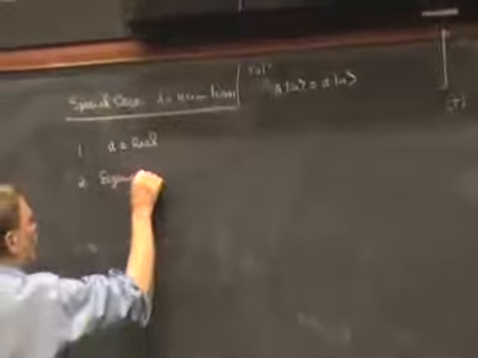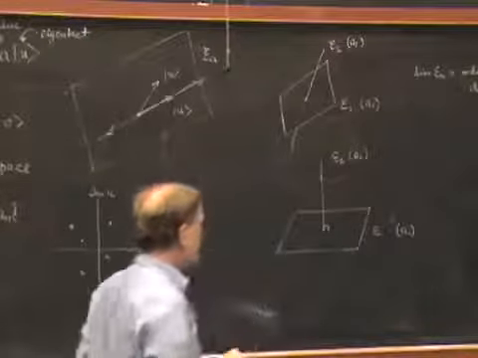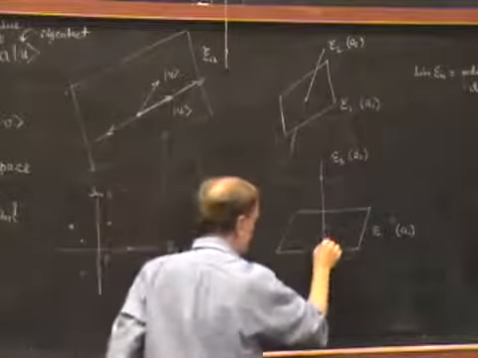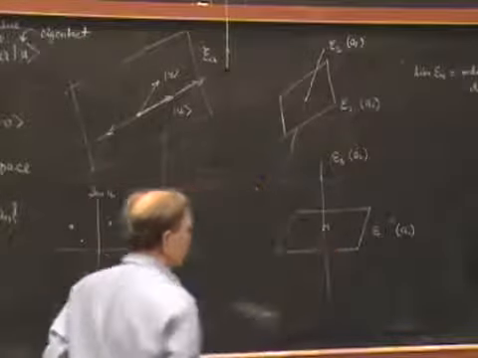In the case of a Hermitian operator, I ought to draw it like this. So here's one eigenspace, let's call it E1, corresponding to an eigenvalue, let's say A1. And then here's another one, let's call it E2, corresponding to an eigenvalue A2. And these are orthogonal, so they're actually perpendicular to it, just like this.